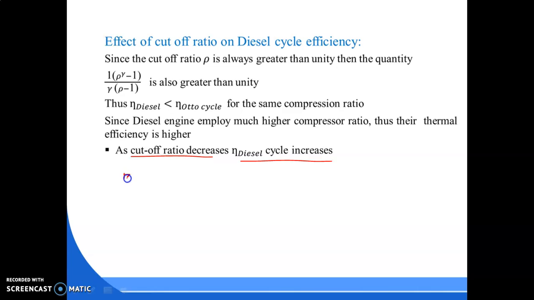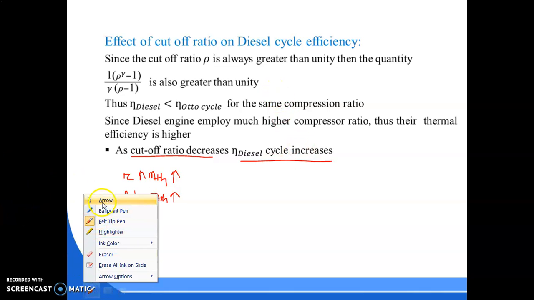So as the compression ratio increases, the thermal efficiency of the diesel engine will increase. If we consider both at the same compression ratio, the efficiency of the diesel engine will be less than that of your Otto engine. That is what we will discuss about your diesel cycle efficiency.